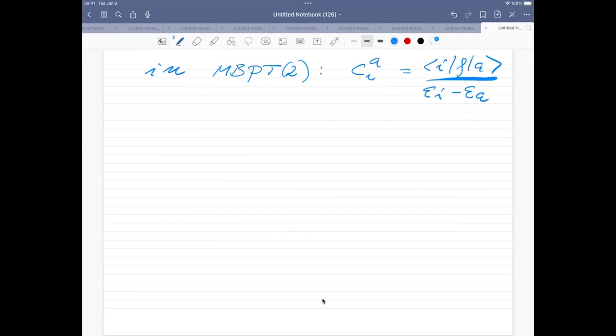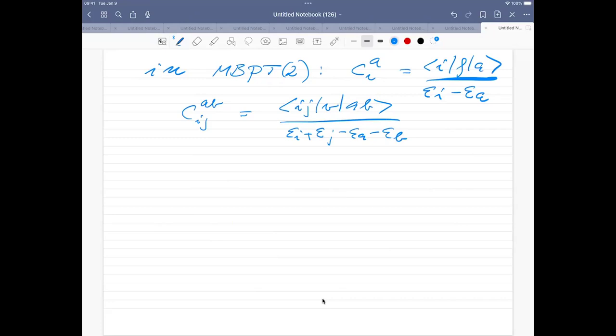You will also find that the coefficient C_ij^ab, and we are coming to this a little bit later, is going to be given by this integral over epsilon_i plus epsilon_j minus epsilon_a minus epsilon_b. So this is a kind of guess you can start with.